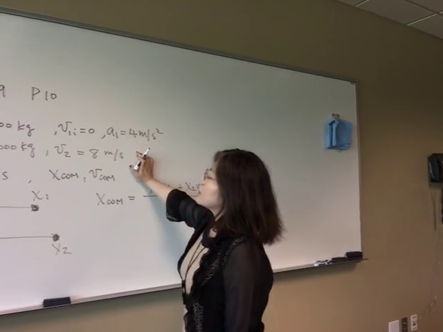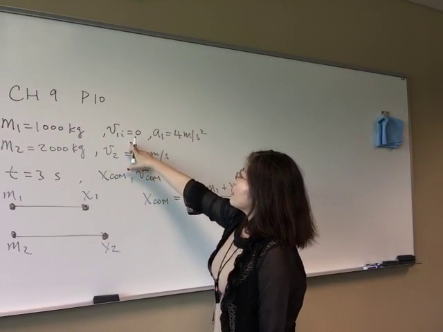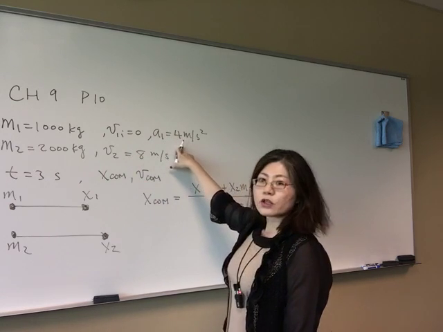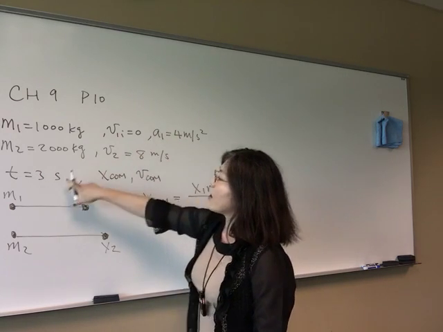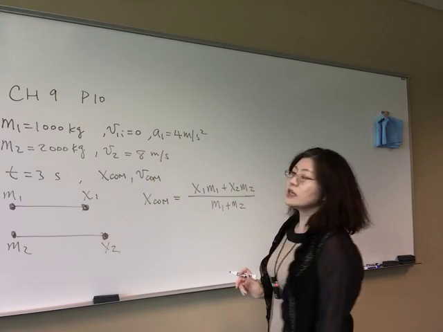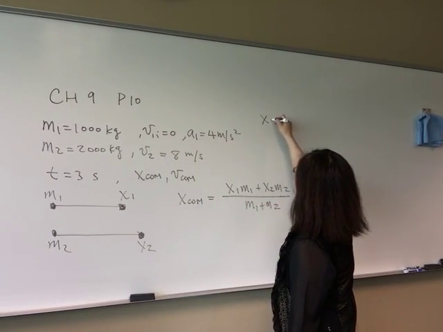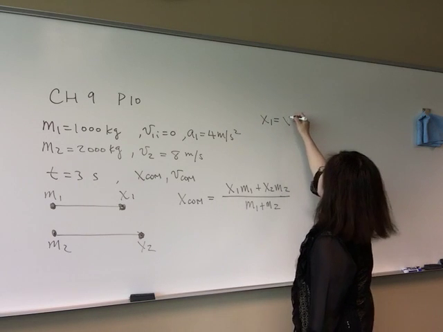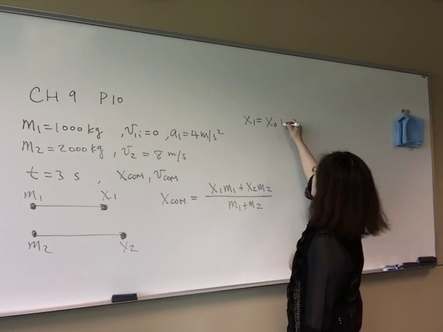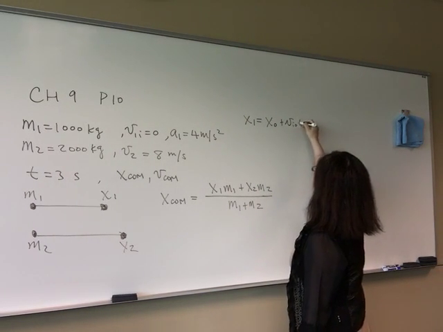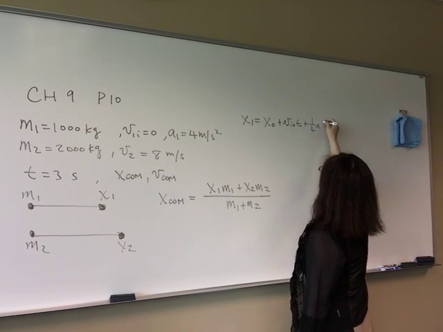Based on the equations of motion, you have initial velocity of 0, acceleration of 4 meters per second squared, and time of 3 seconds, so you can easily calculate x1. So what is x1? x1 is equal to the initial position x0 plus initial velocity times time, plus 1/2 a t squared.